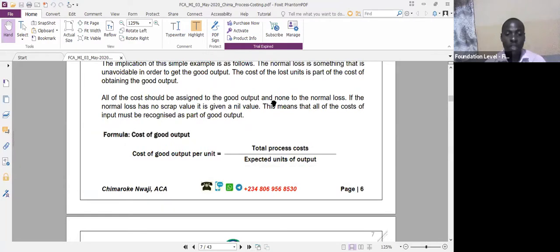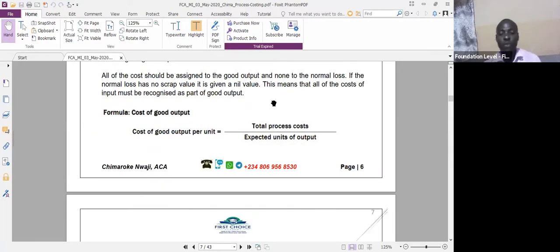Now look at this formula. Cost of good output is equal to total process cost divided by expected unit of output. So we'll see how we'll solve a question in a moment.